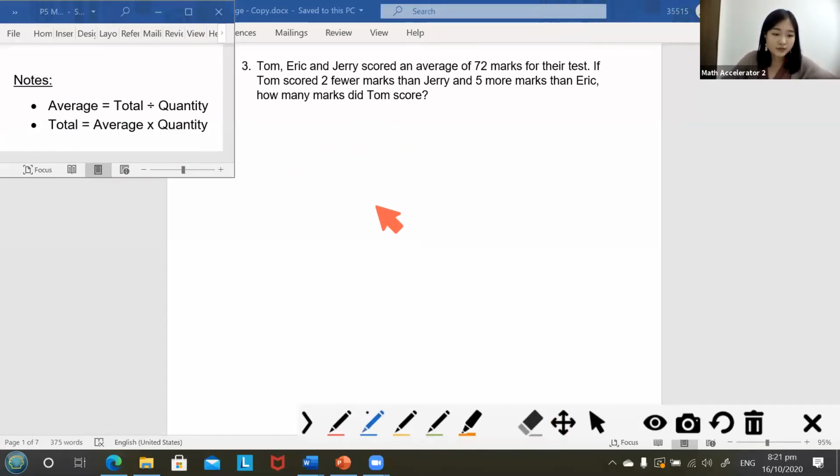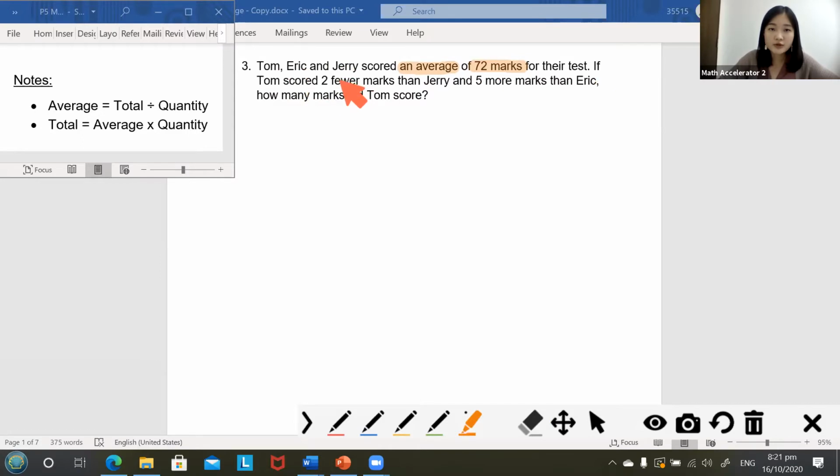Okay, question 3. So Tom, Eric, and Jerry scored an average of 72 marks for their test. Okay, so take note of what this 72 marks is. It's an average of how many people? 3 people.